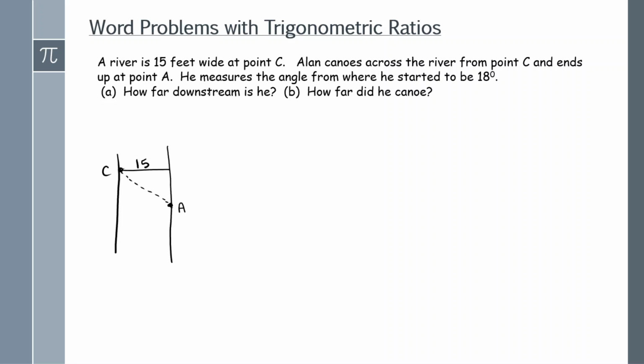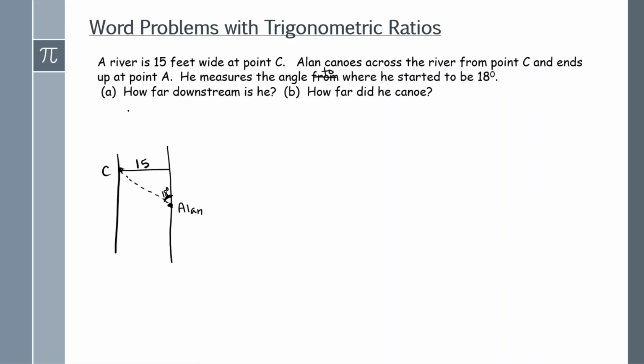So let's reword this a little bit. He measures the angle going back to where he started. So that means he's here now. This is Alan, sitting at point A, and he's measuring that this is 18 degrees.